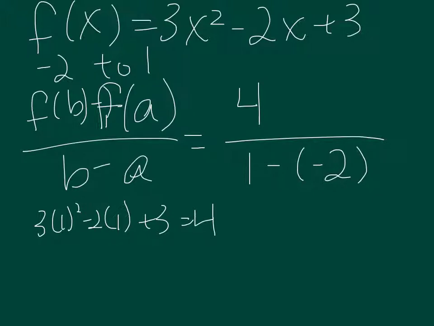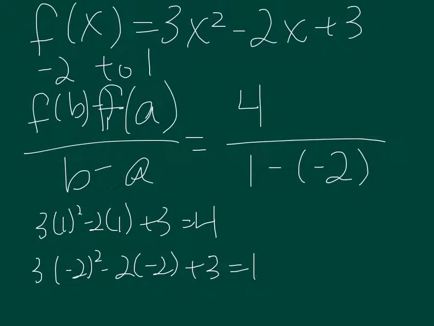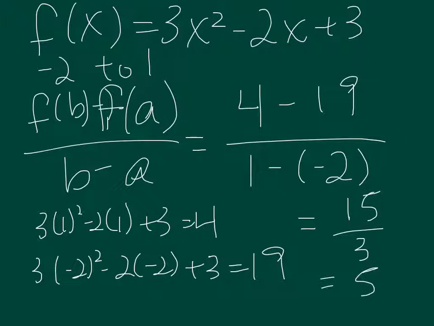And f of a is 3 times -2 squared minus 2 times -2 plus 3, which is 19. 4 minus 19. So then that will turn into -15, and this will turn into 3. So this will equal -5.